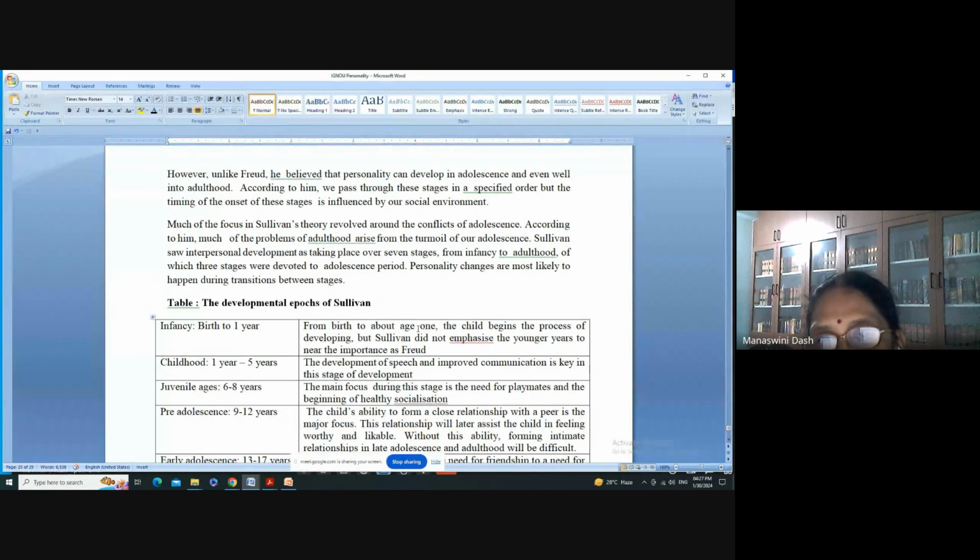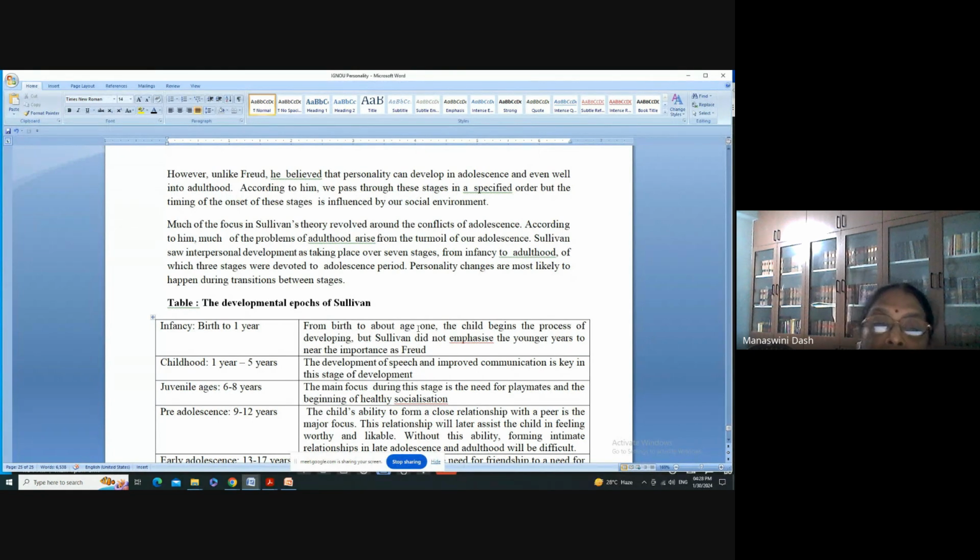They start from infancy to adulthood. And out of these 7 stages, 3 stages are devoted to the adolescence period. So, from this, we can imagine how important the adolescence stage is for Sullivan.